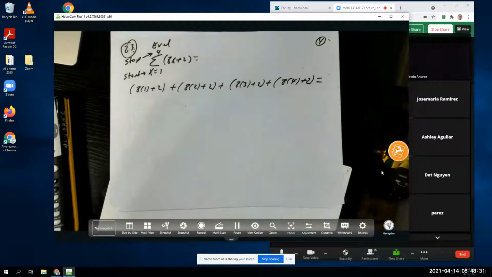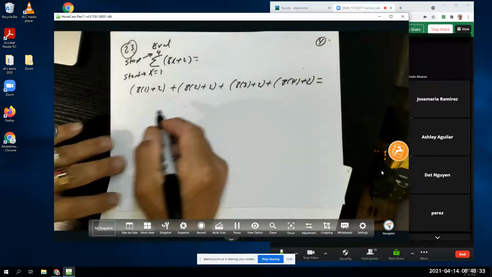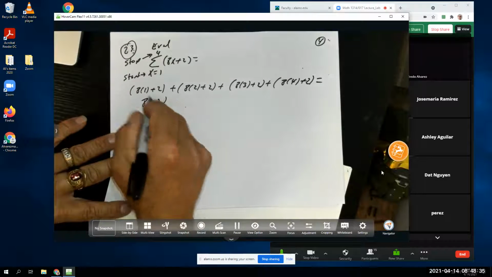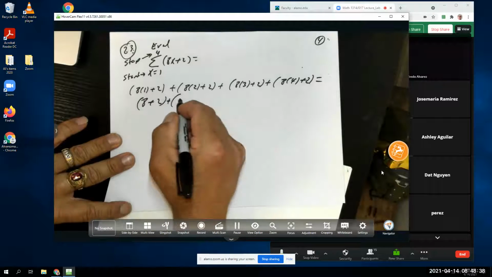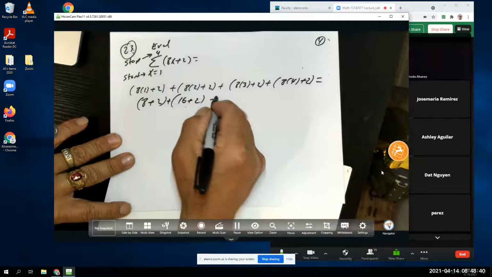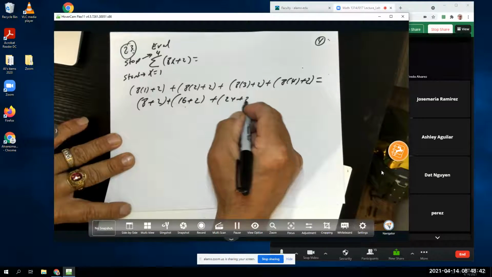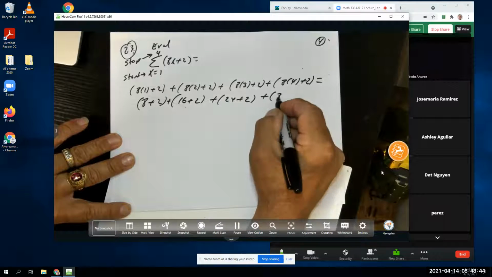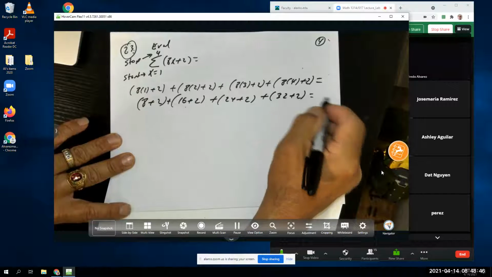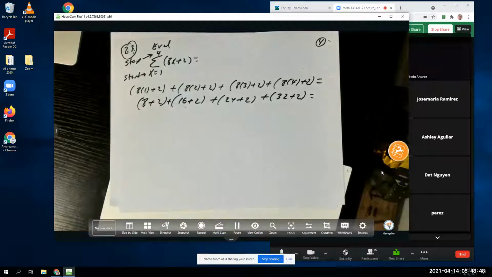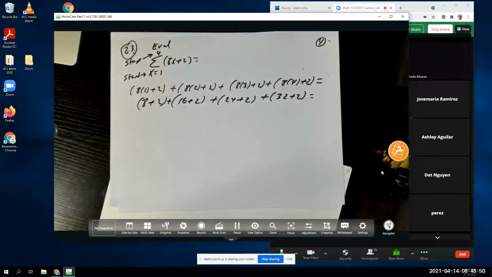Yeah, I'll do it the long way, because some of you don't have calculators, I know. 8 plus 2 plus 16 plus 2 plus 24 plus 2 plus 32 plus 2. There you go, like that. And those numbers are going to be what? 10, 18.